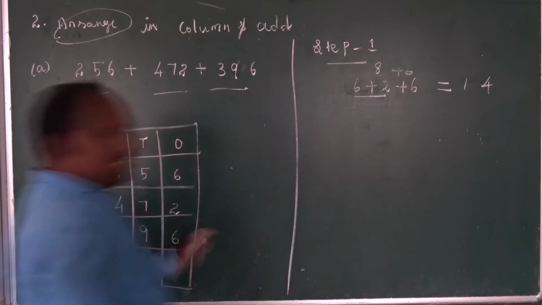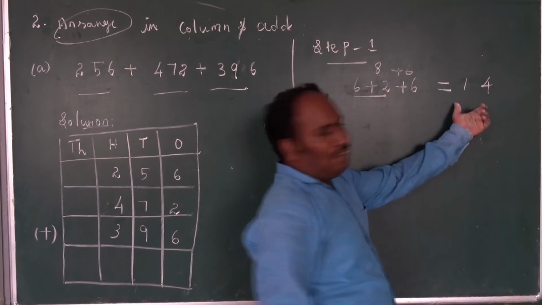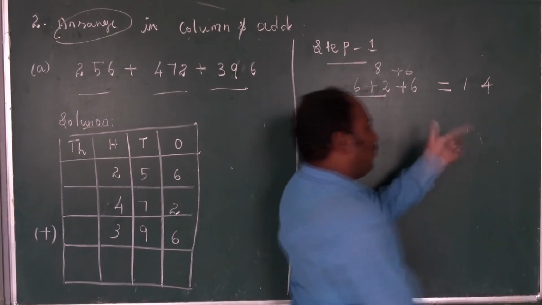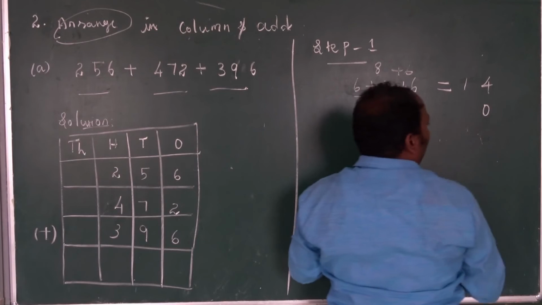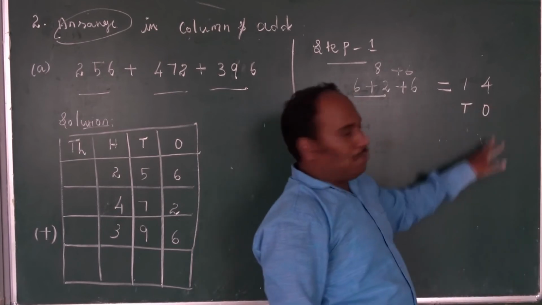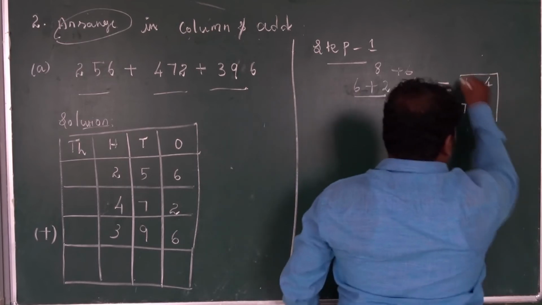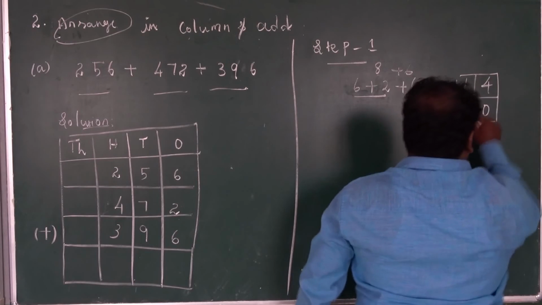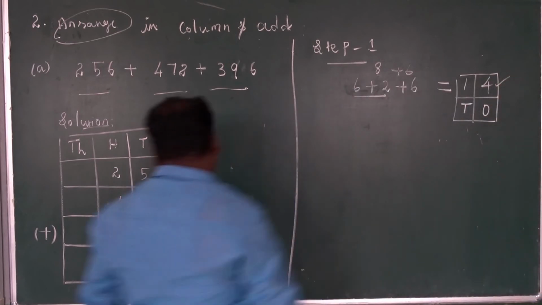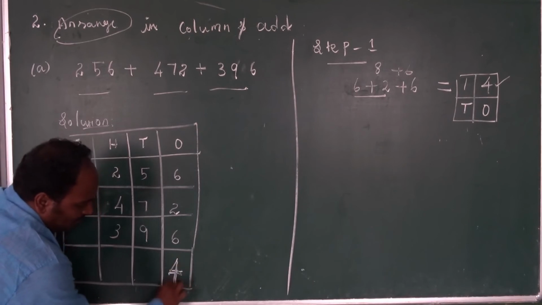We add 3 ones, so we have 14 ones. 14 ones means 4 ones and 1 tens. So the number 4, write in the ones place.